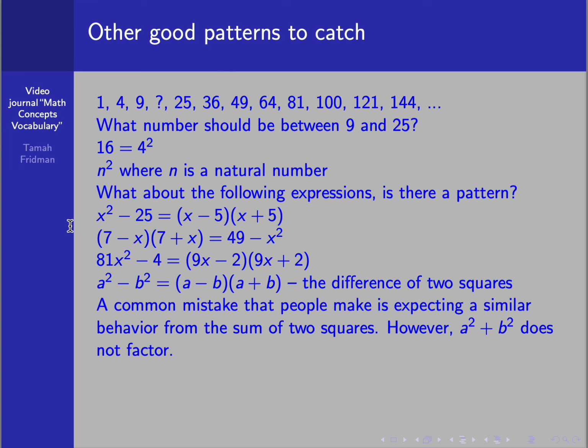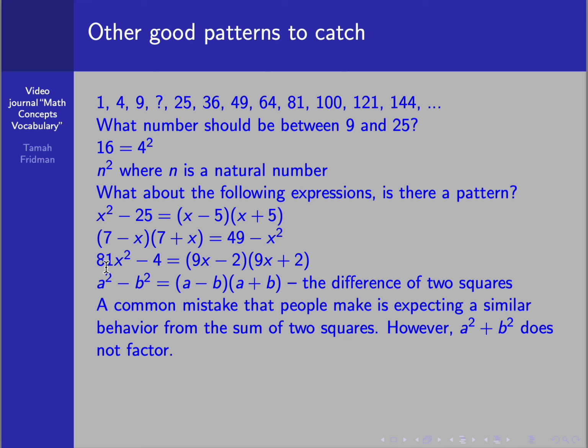And when we look at this pattern, it's the backwards difference, the factored difference of two squares, right? So when you remember this formula, it's a shortcut. It's a convenient formula to remember.